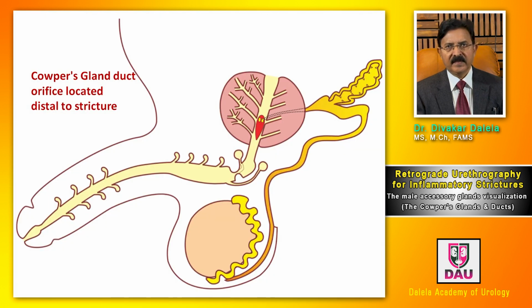In another setting, you will sometimes see in these urethrograms that the orifice of the Cowper's duct is located distal to the stricture, right? Say, as in this picture here, you will see the orifice of the normal duct located distal, and in patients of inflammatory urethral stricture, this gets dilated like this. Now here, what is the reason for its dilatation?